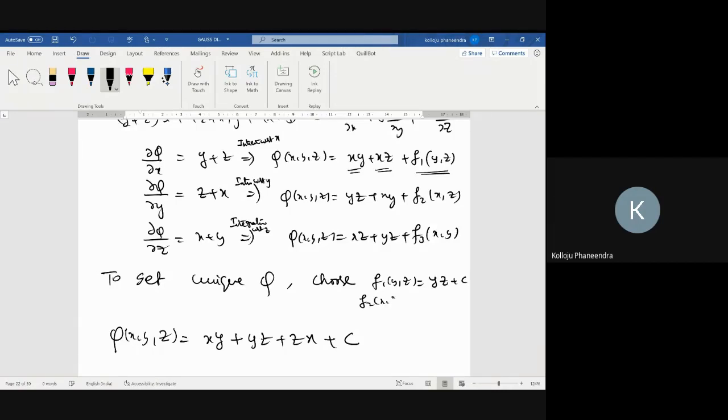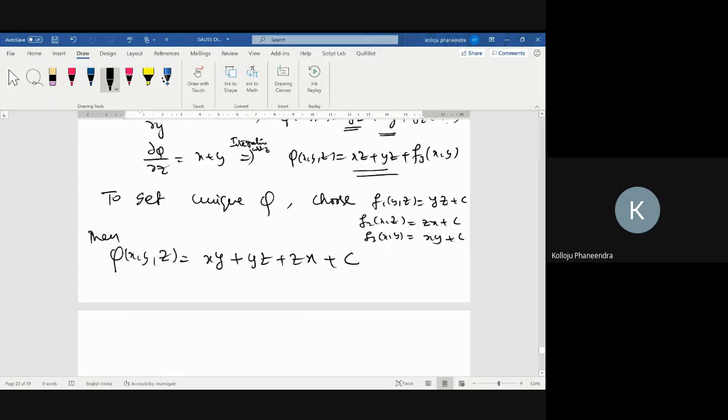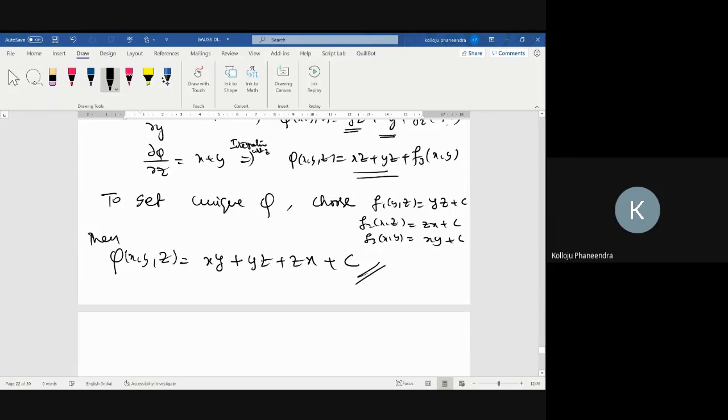Similarly F2 of xz: in the second one, yz is there, xy is there, zx is not there, so I am taking zx here. And F3 of xy: in the third one, xy is not there, so I will choose this one. Then phi of xyz is the potential function. Clear?